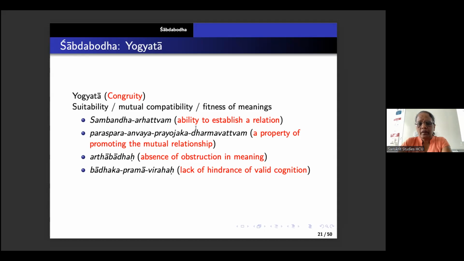Now, if I have a sentence such as bring a cow, well, here cow is something which can be brought. But if I say bring an anger, well, anger we cannot bring. So there is no mutual compatibility.